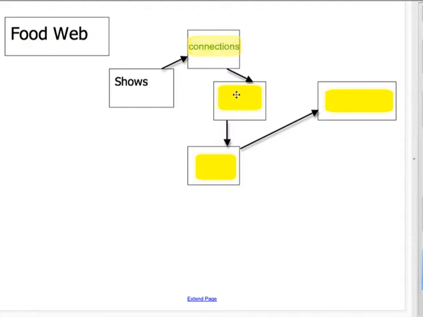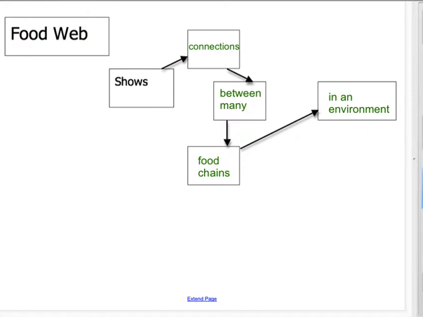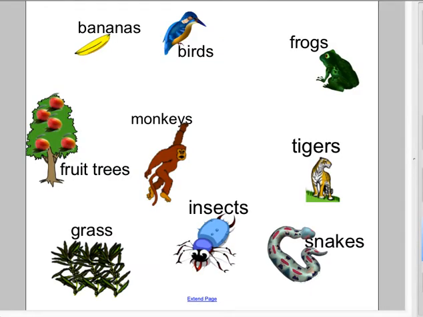Basically, a food web shows connections between many food chains in an environment. So let's take a look at an example. Here I have a bunch of organisms that live maybe in a rainforest. And I am going to show the connections between them, how the energy is passing from one to the next.